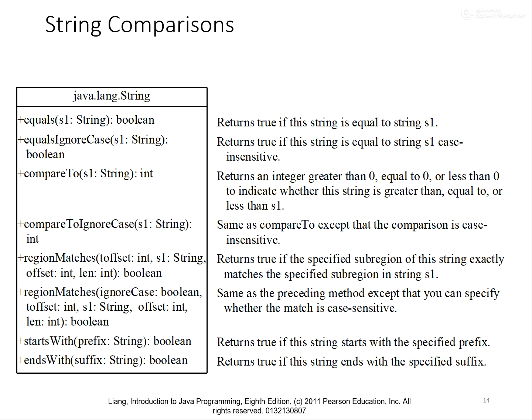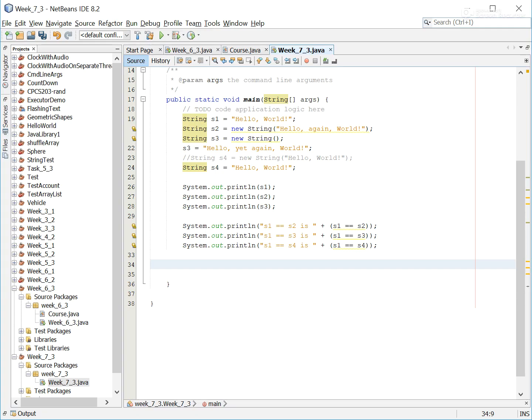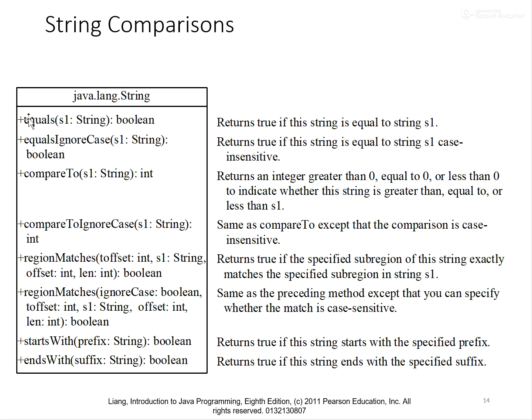But how do we actually compare the text in one string object to the text in another string object? For that we have the equals method. And there are actually two variations of it. There's the equals method, and then there's the equals ignore case method. In ignore case, basically upper and lower case characters are treated as equal.